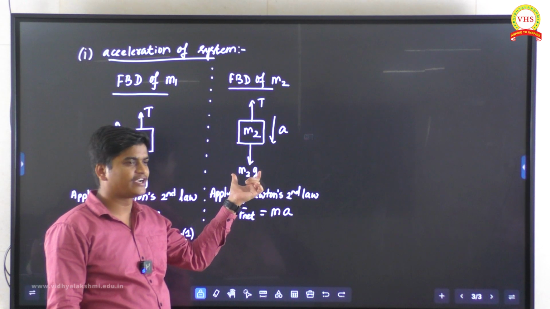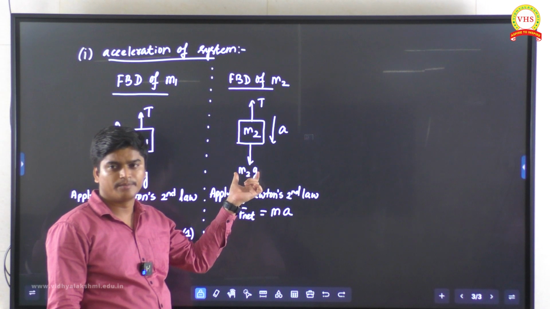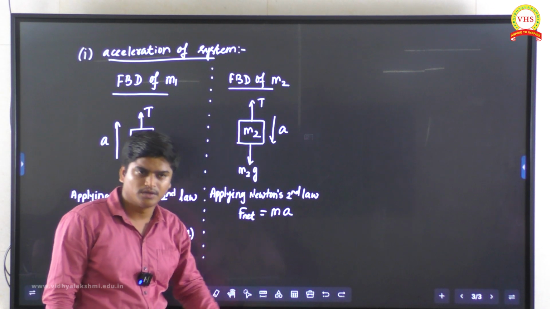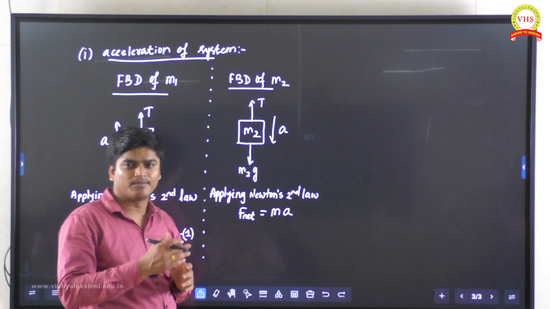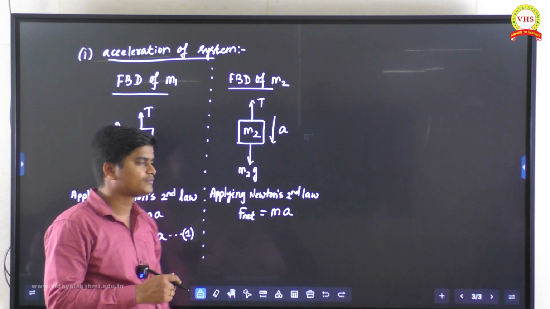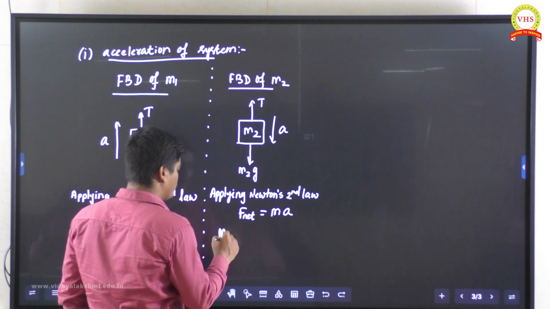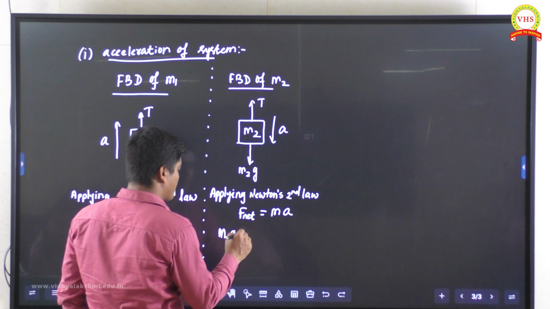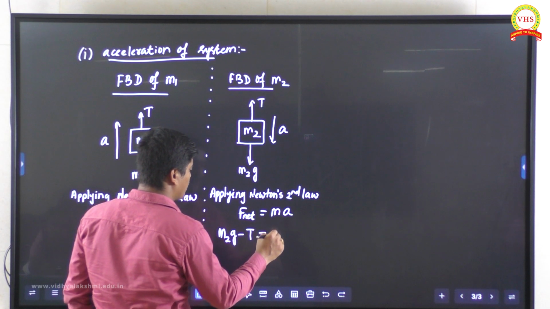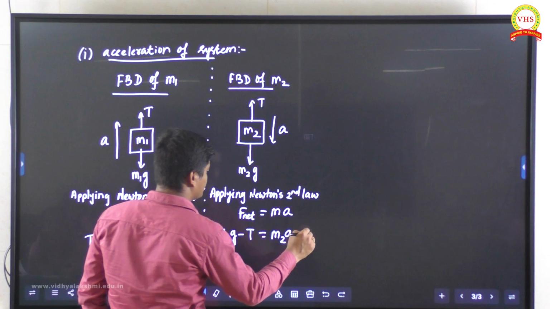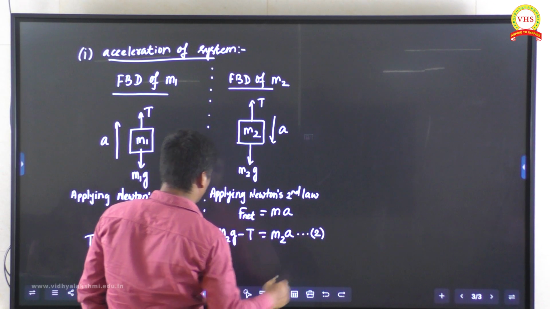So which force will be greater? Definitely M2G, because this object is moving downward. That means the downward force has greater magnitude. So I can write M2G, the greater force, minus T equal to M2A. Now this is your equation 2.